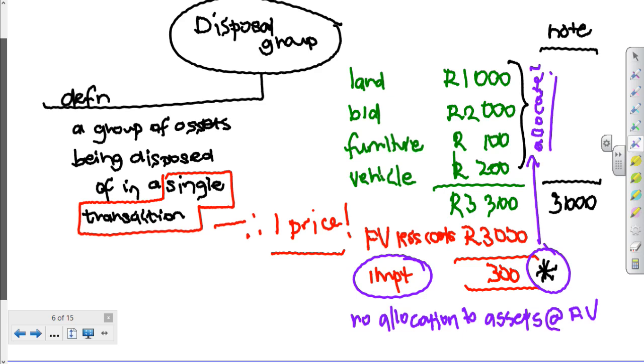We also don't allocate impairment to current assets. And we also don't allocate impairments to liabilities.